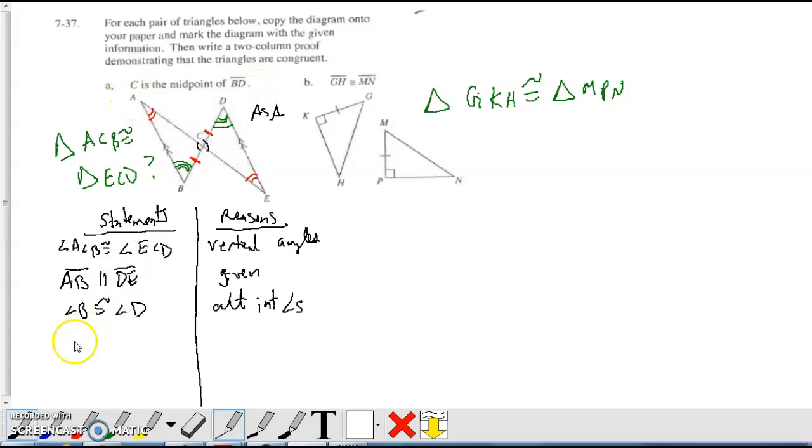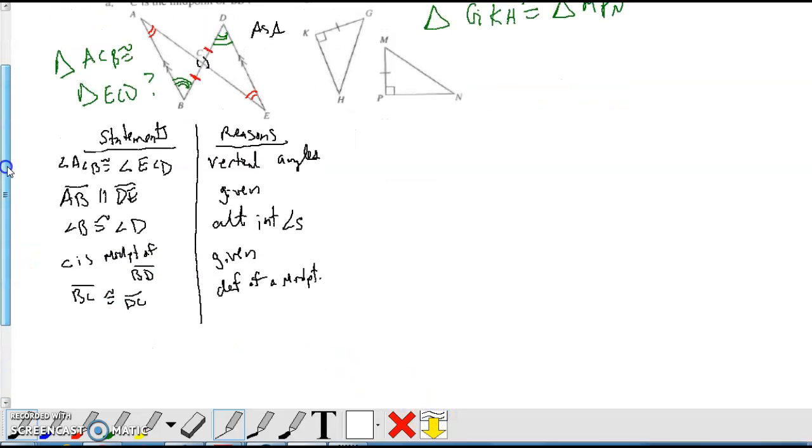I used this information, so I just have to write it again. So C is the midpoint of BD. Why? It's given information. Therefore, we can say that BC is congruent to DC, and that would be because of the definition of a midpoint.